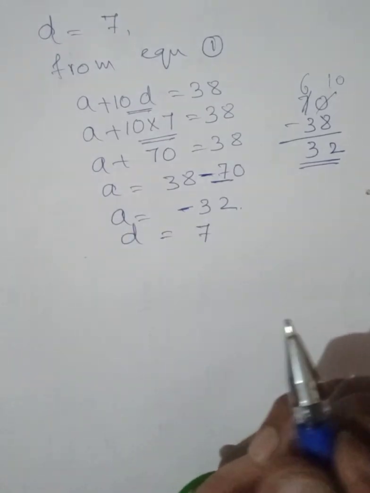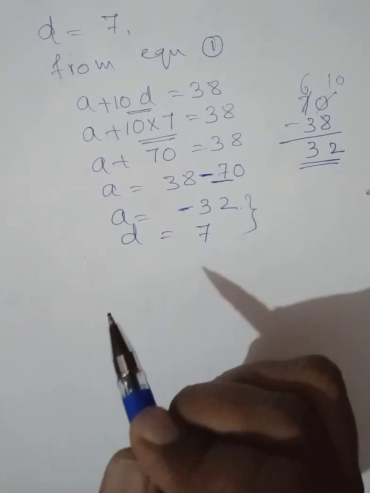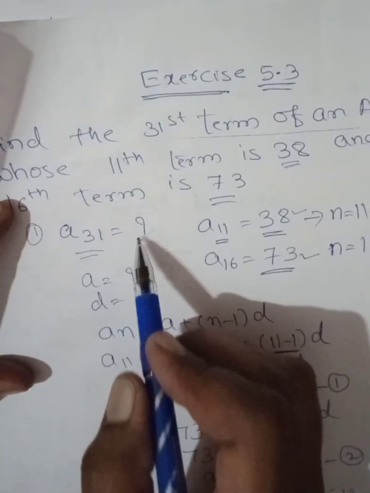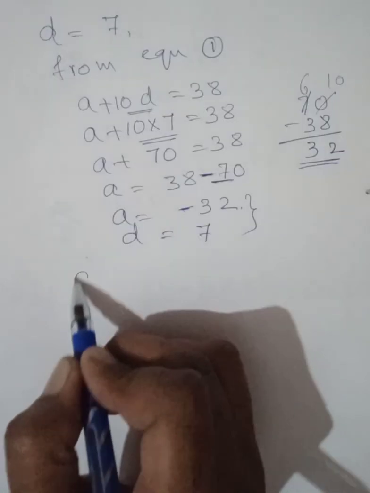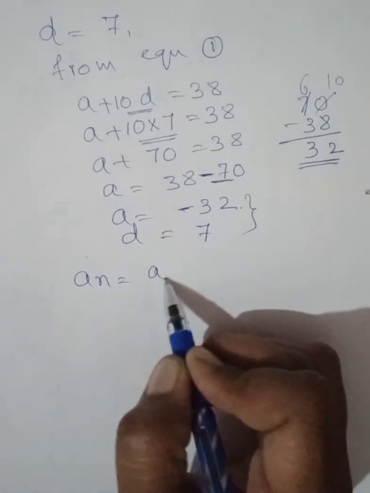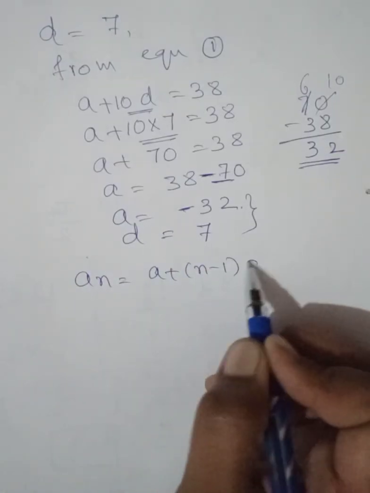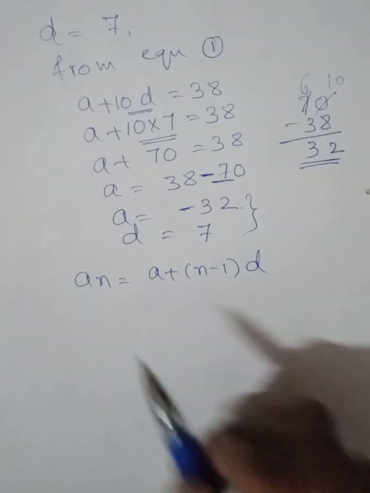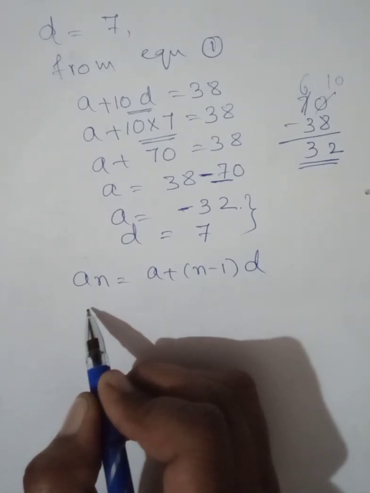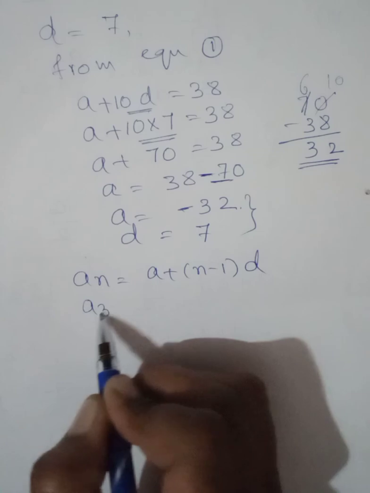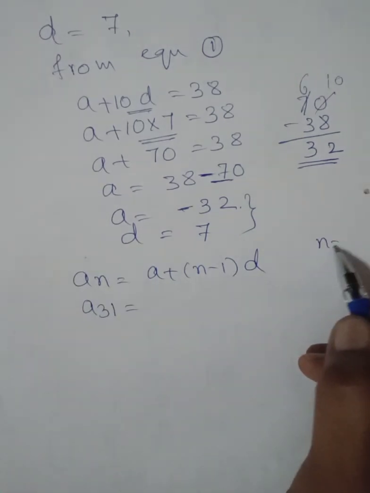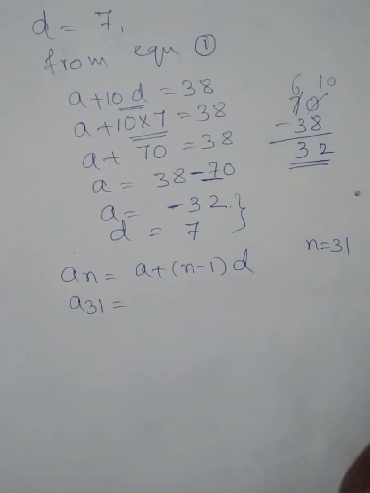Okay, after finding this one, easily you can find what is asked, find the 31st term. So how to do the 31st term here? a_n is equal to a plus n minus 1 into d. This is the formula. So a 31st you want, here you are writing this way, that means n is equal to 31.